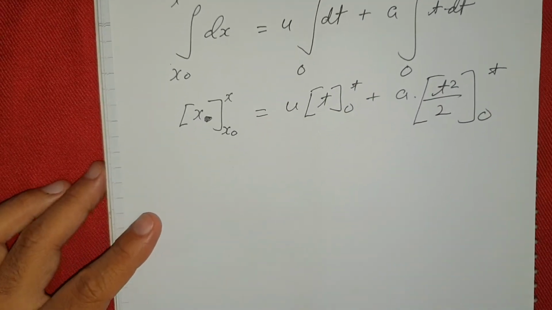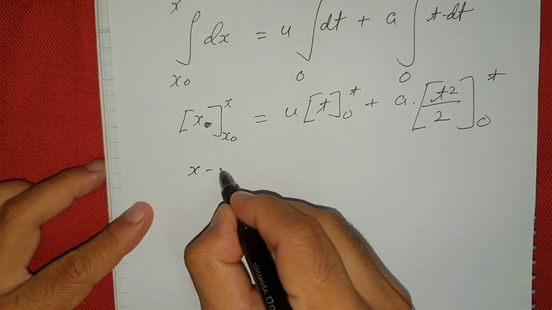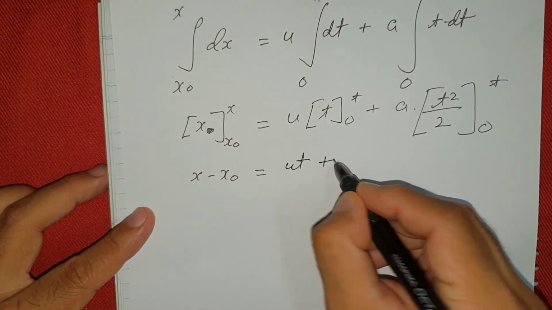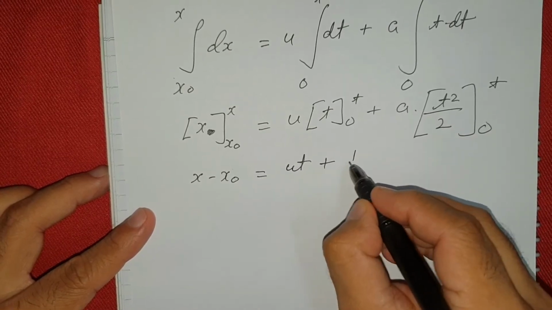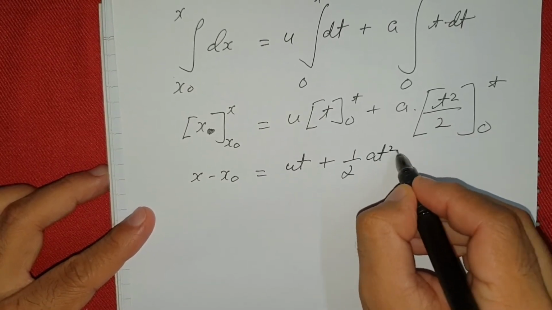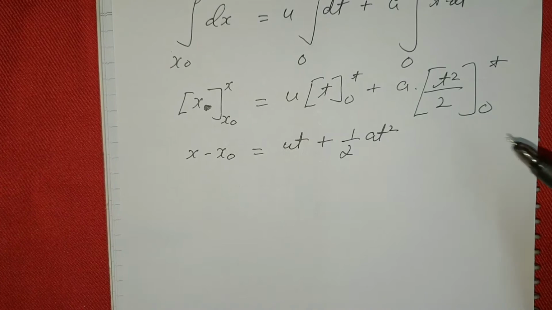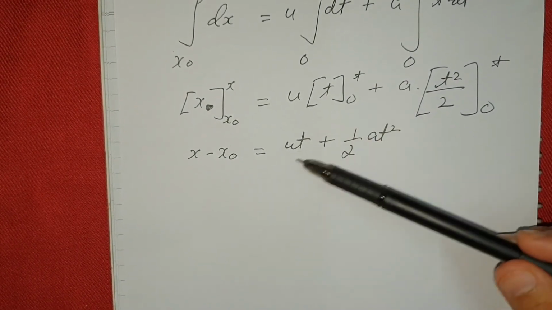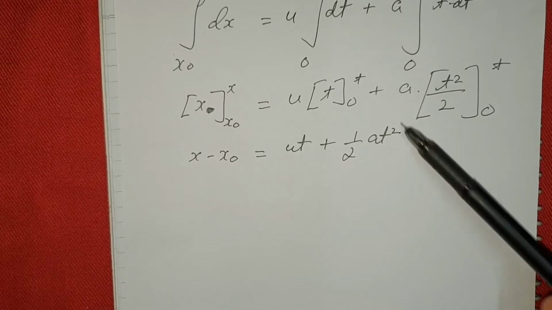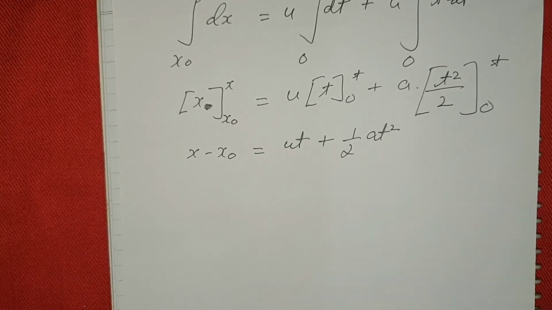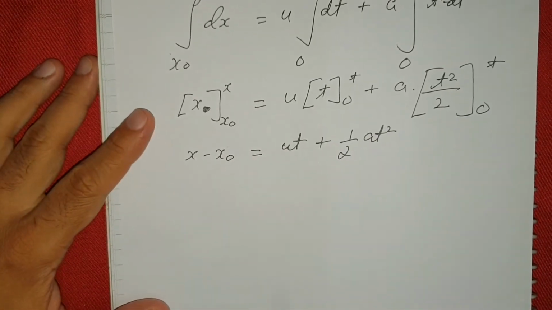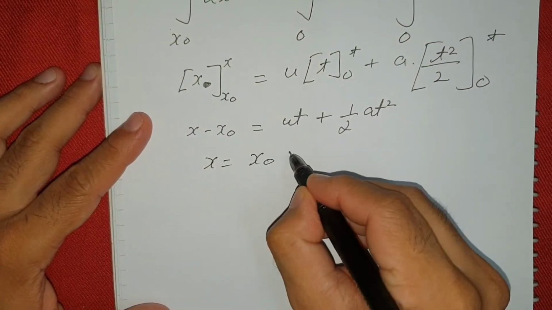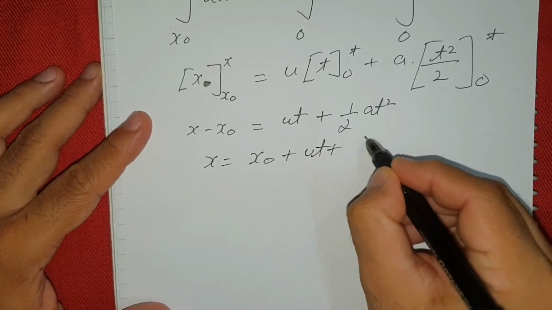So this will be x minus x0 equals ut plus, taking 1 by 2 common, half at square. I haven't written t minus 0 because that will be just ut minus 0, and similarly at square minus 0, so I have just removed that. So x equals x0 plus ut plus half at square.